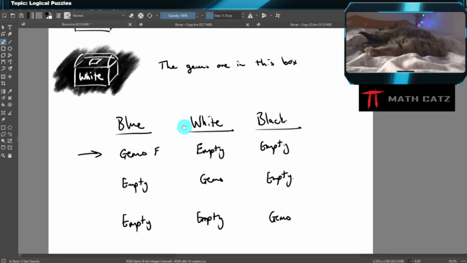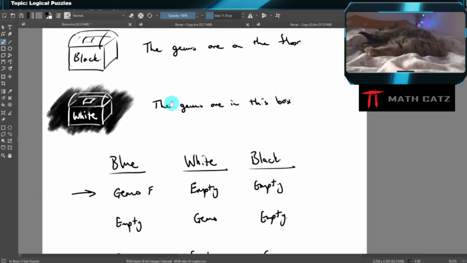White says, this is white, I don't want to mix these up, white says the gems are in this box. That is false. Black says, this is black, the gems are on the floor.